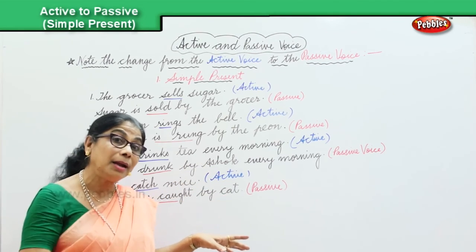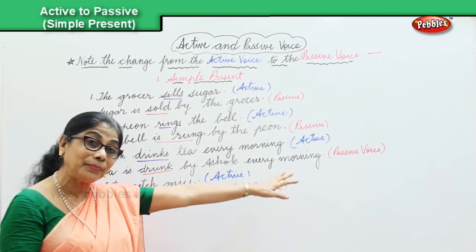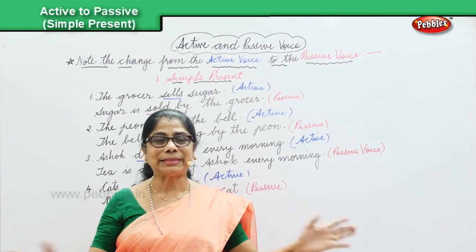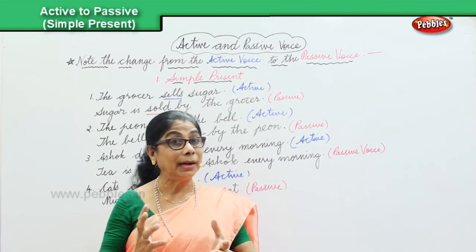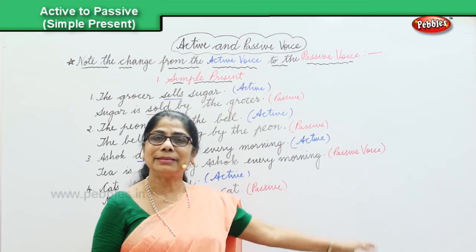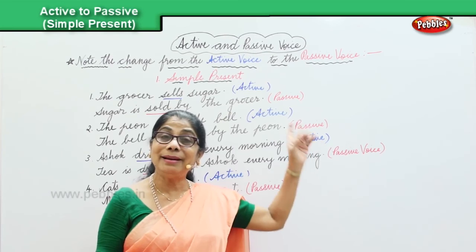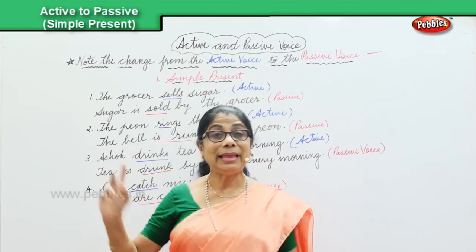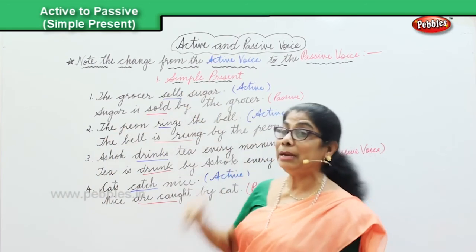The tea is drunk by Ashok every morning. Cats catch mice. Simple present. Active. Mice are caught by the cat. That's passive. So we learned to change from the active to the passive in the simple present tense.